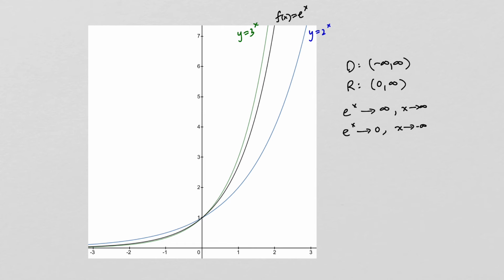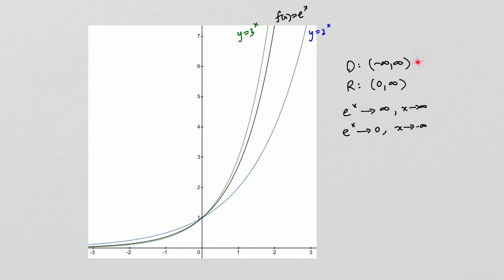Now, why does e to the x behave in this way? Why is it in between these two graphs? Well, because remember, the number e is approximately 2.72. So the number e is a number in between 2 and 3. So we would expect this graph to be in between 2 to the x and 3 to the x.